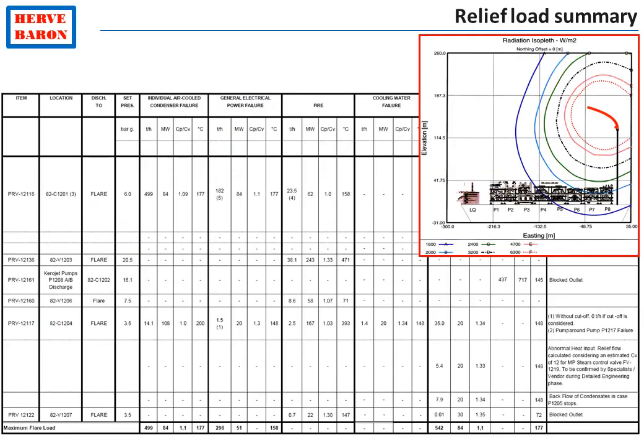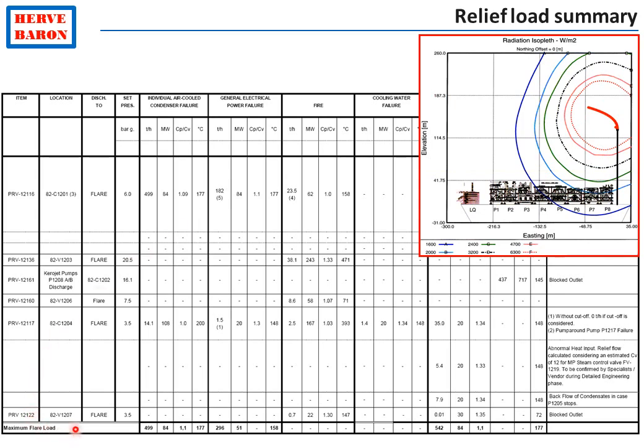Another summary that is produced by process is the relief load summary. It is an inventory of all possible scenarios of relief of gas to the flare. Possible scenarios include emergency shutdown and depressurization of the plant, as well as general electrical power failure, cooling water failure, fire, and other scenarios.